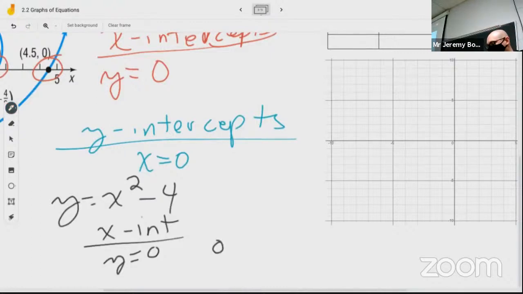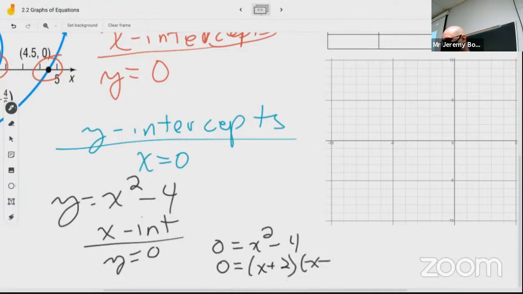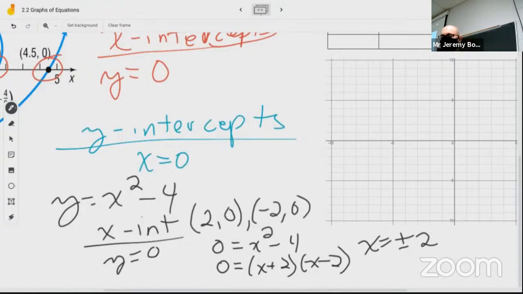So we'll just set it up that way: 0 is equal to x squared minus 4. And we can solve that equation. It's a quadratic equation, difference of 2 squares. So we can make it 0 is equal to x plus 2, x minus 2. You can also do a square root method if you feel so inclined. And so what we get from that is x is equal to plus or minus 2. So that means there's 2 x-intercepts, and those are going to be 2 comma 0, negative 2 comma 0.